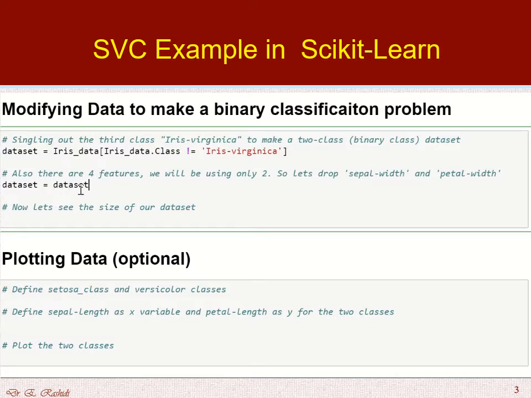So we're going to keep working with dataset from now on. We're going to drop two of the features, so two of the columns. We're going to use the drop function, and then the name of the one that we want to drop. That's sepal width. I can copy it here. And the other one is petal width.